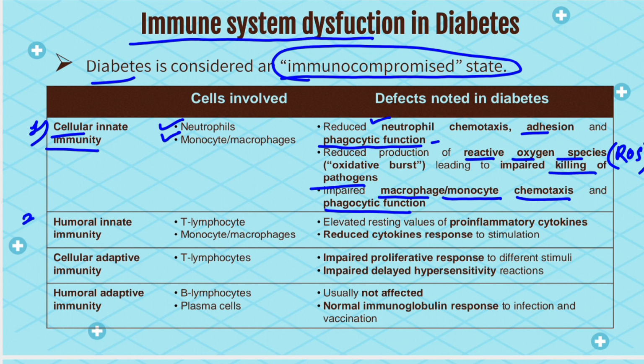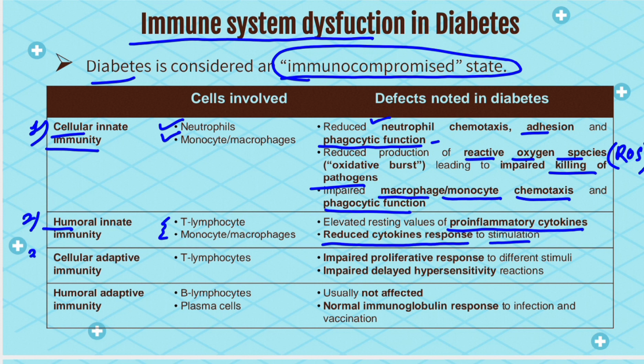The second kind of immunity in our body is humoral innate immunity. For this, the T lymphocytes and monocyte macrophages are responsible. In any patient with diabetes, there are elevated levels of pro-inflammatory cytokines, and also a reduced cytokine response to any stimulation or infection.